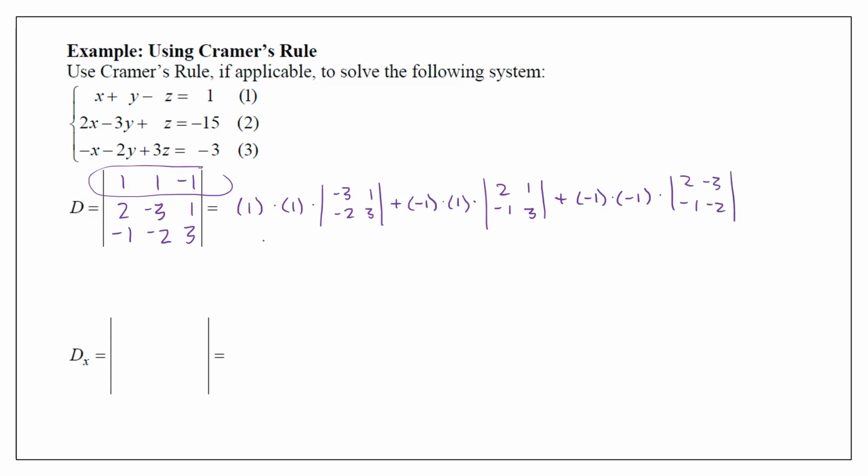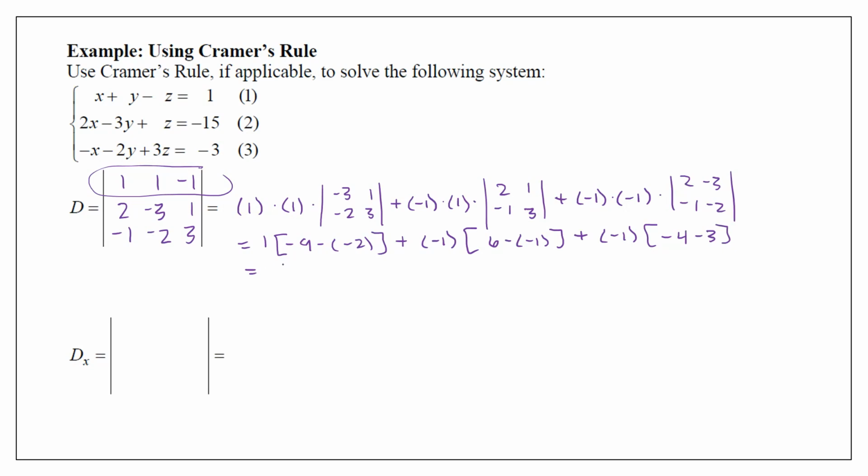Then I can simplify. So I'll have 1 times the value of my 2 by 2 determinant, which would be -9 minus -2, so I multiplied across, plus -1 times 6 minus -1, plus -1 times -4 minus 3.